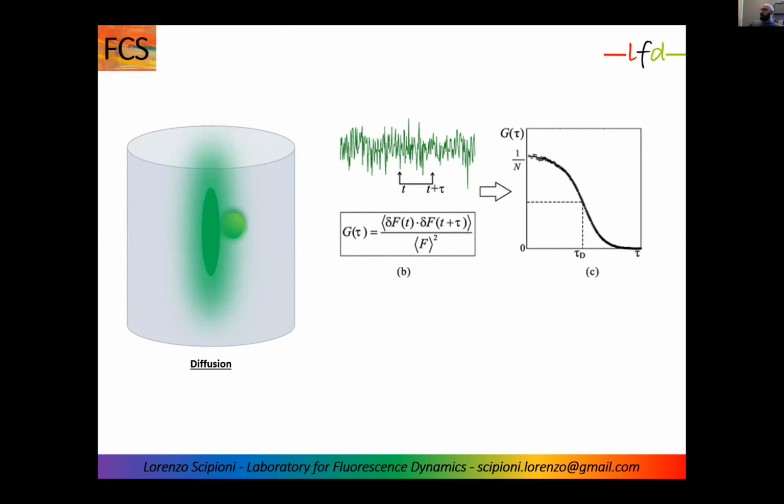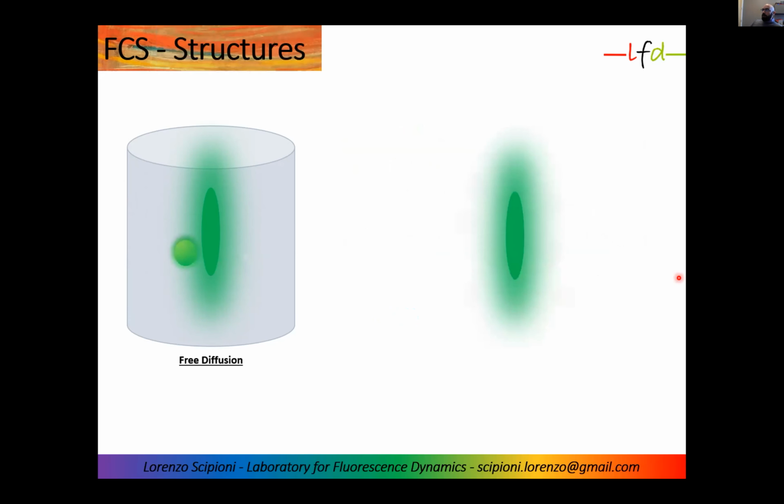When you have a diffusion process, you have your illumination volume, and molecules go in and out of your illumination volume, giving you a sort of spike of fluorescence, which gives rise to fluctuations that you can analyze through the autocorrelation function, get your FCS curve, and obtain information about the diffusion coefficient, concentration, and oligomerization state. This is very nice, very straightforward when you are in a solution.